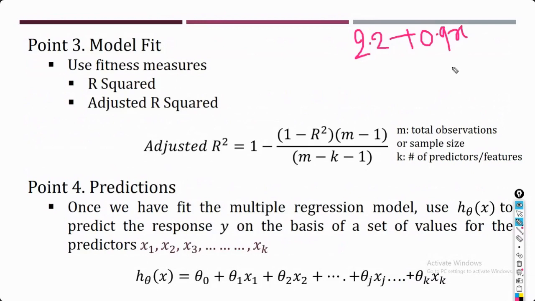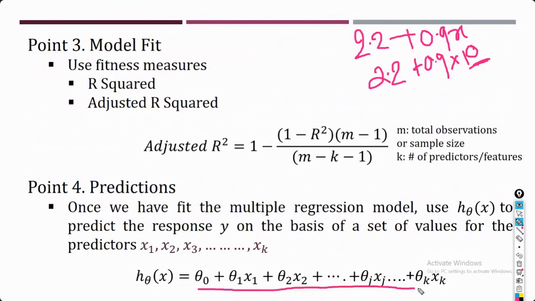So if you want to calculate the value for 10, simply place 10 in 0.9x plus 2.2, and this is going to give the value for your test instance. So this has been covered. If you know the equation, if you know your model, based upon that model you can easily perform the prediction.